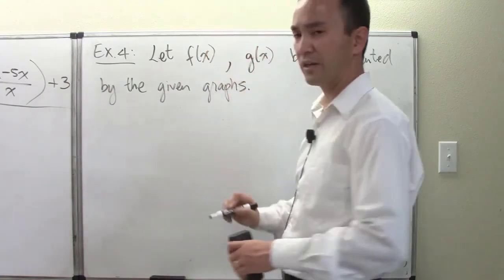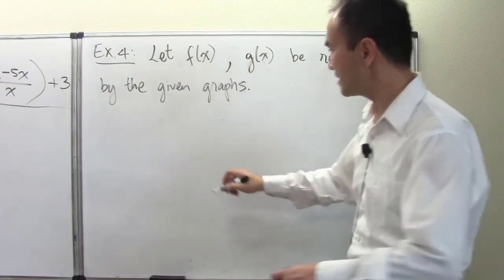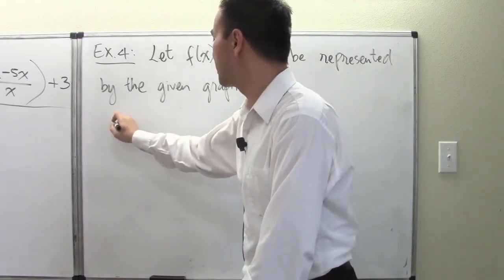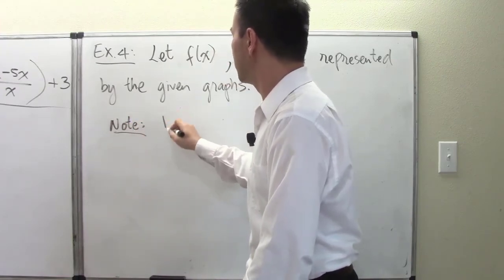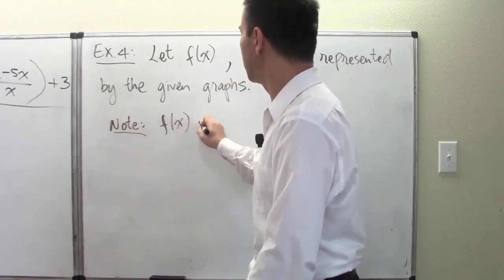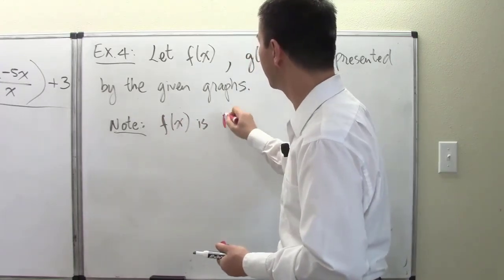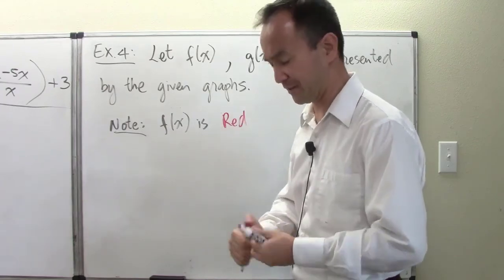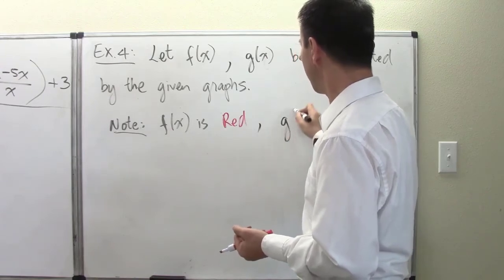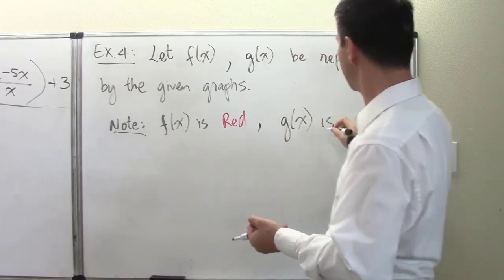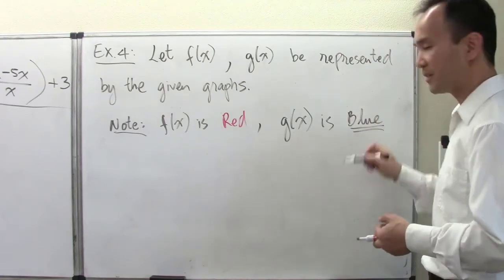Okay, so now you are given graphs like that. I'm going to have just a little note right here: f of x is in red, and I haven't shown the graph yet. And g of x is blue, even though I don't have the blue marker, so allow me to write blue, but in black ink.